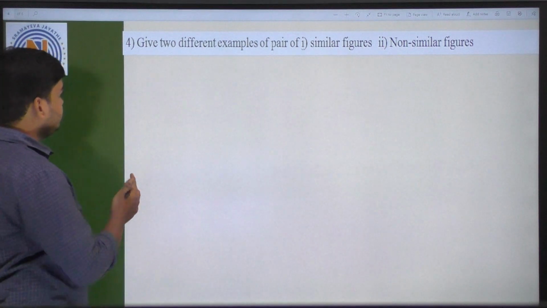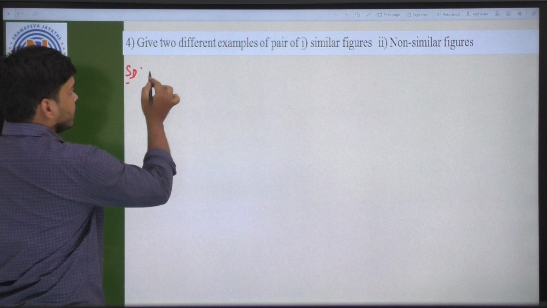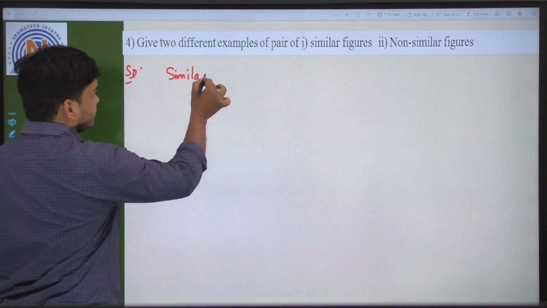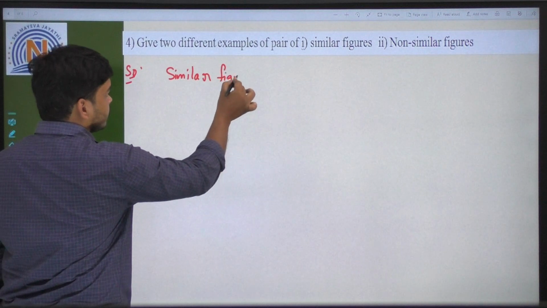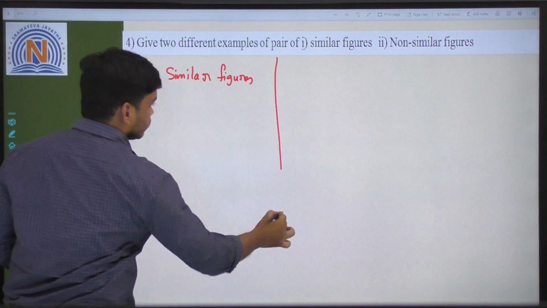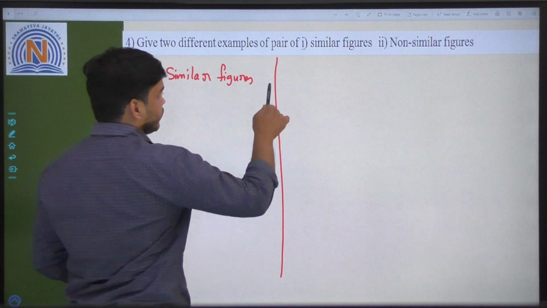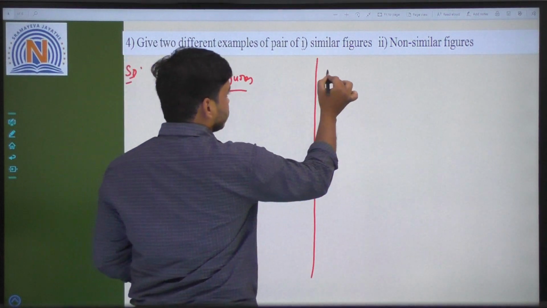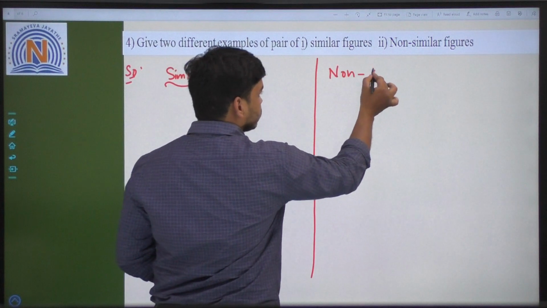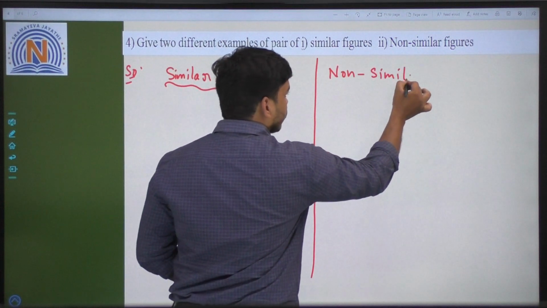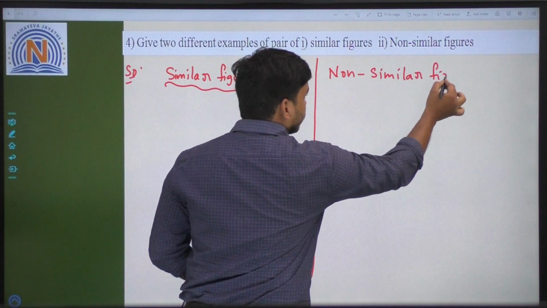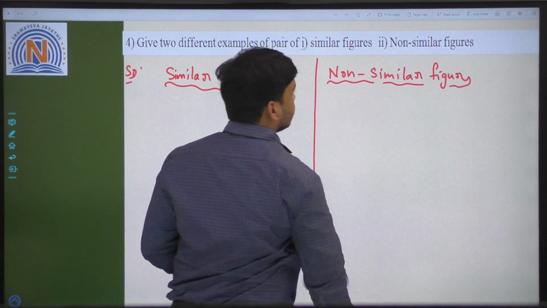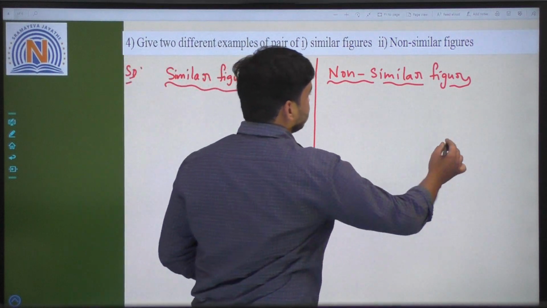So let it be similar figures and non-similar figures.